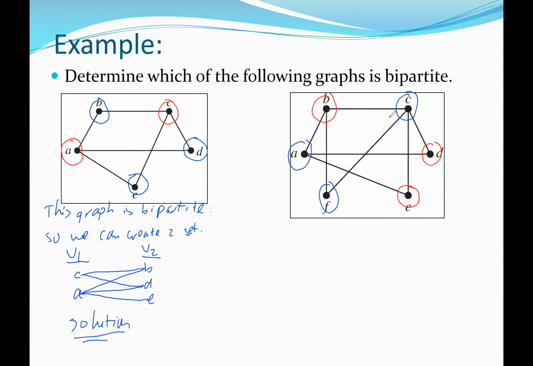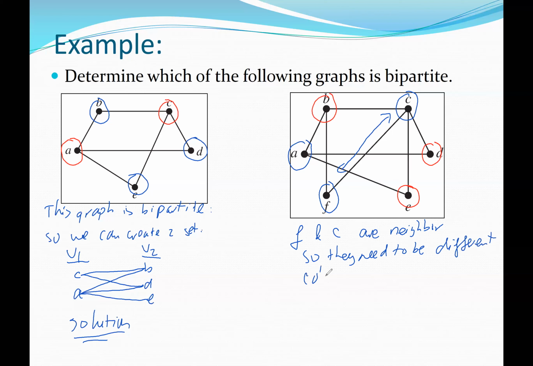But now you can see the problem here between F and C. F and C are neighbors, so they need to be different colors. But they are both blue.